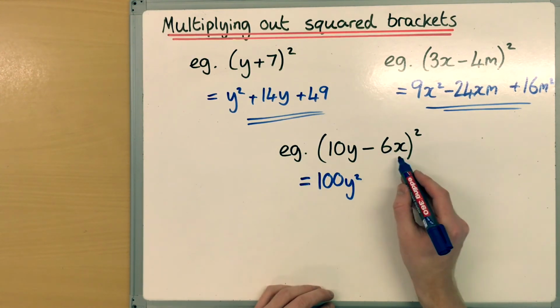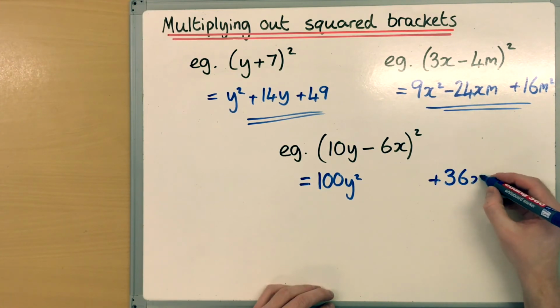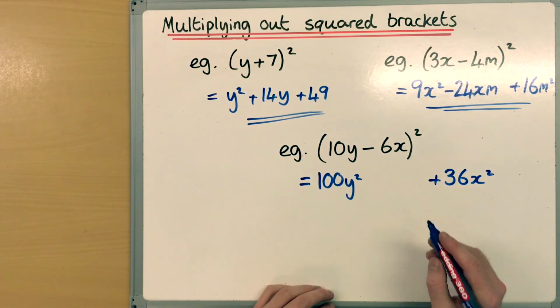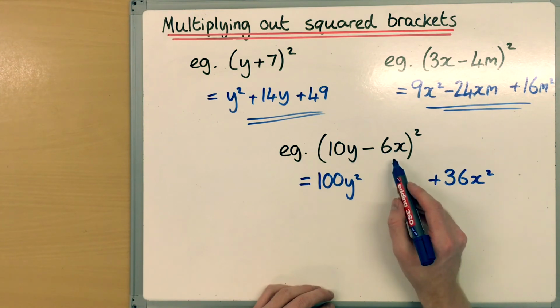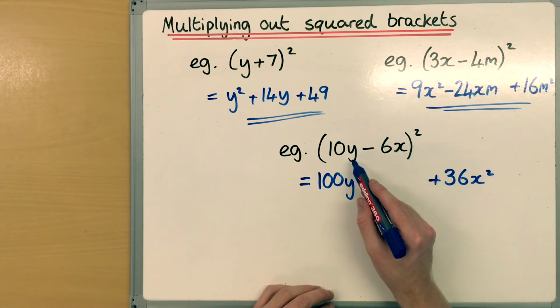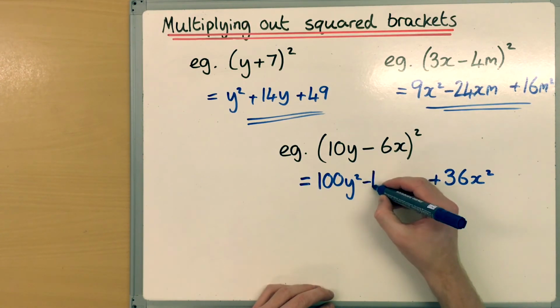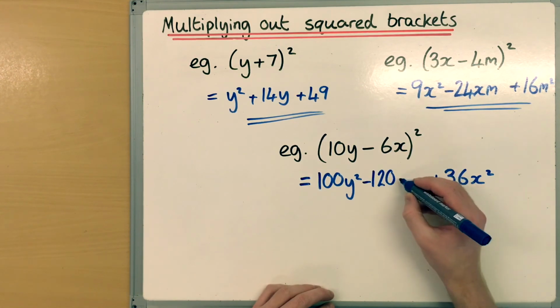Minus 6x times minus 6x will be plus, always positive here, 36x squared. And our middle term is going to be 10y times negative 6x. That gives us minus 60xy. And we double minus 60xy, which gives us minus 120xy.